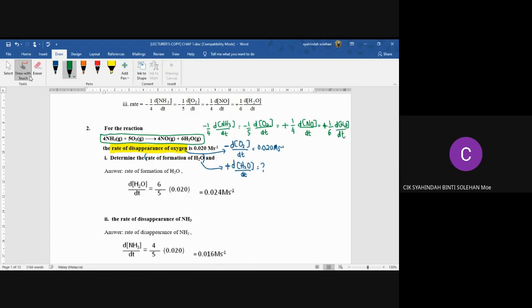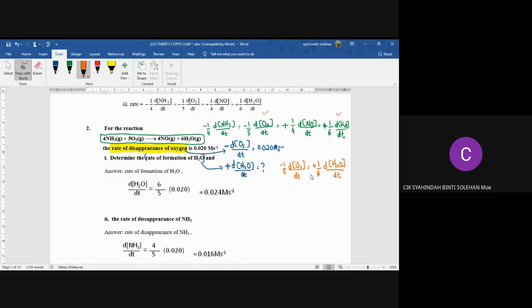Okay, and if you look at this question, dia nak suruh you cari rate of formation of H2O. Dia bagi information rate of disappearance of oxygen. So sekarang ni apa yang you boleh buat ialah you boleh compare between these two. Okay, so bila you compare between these two, you tahulah apa tu, negative 1/5 the concentration of oxygen over dt is equals to positive 1/6 the concentration of H2O over dt.